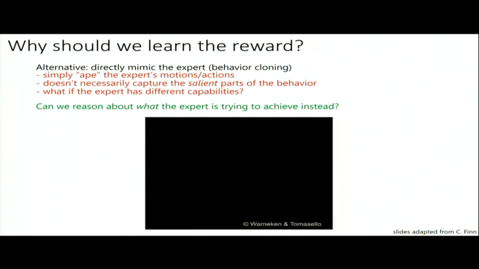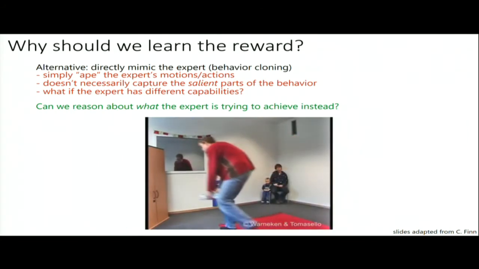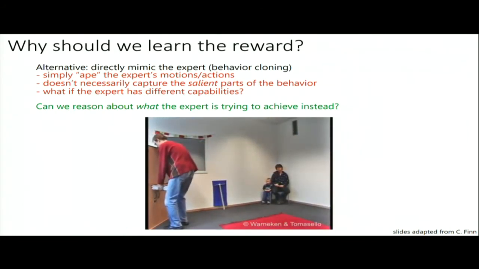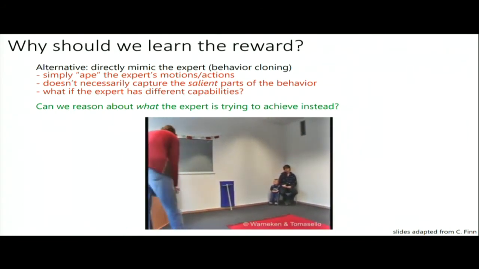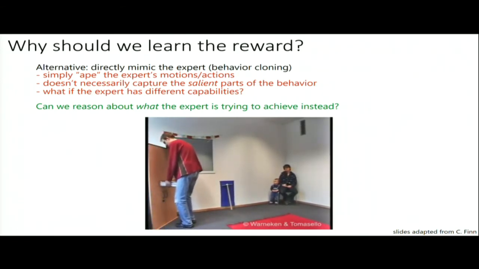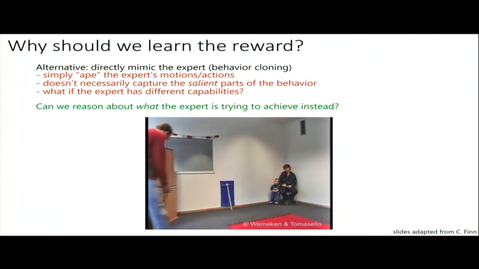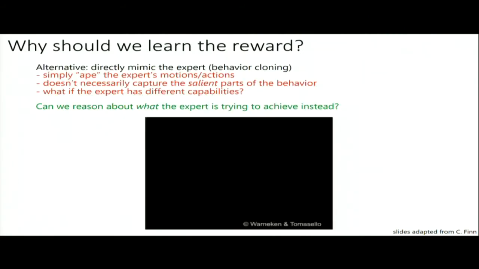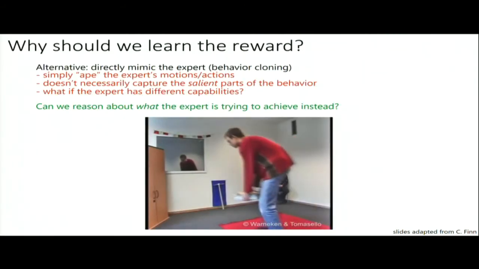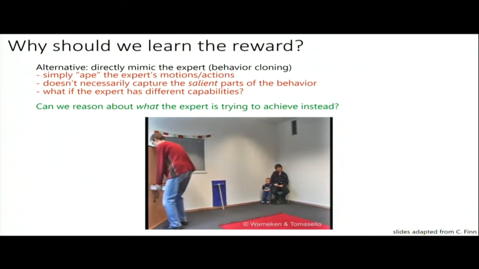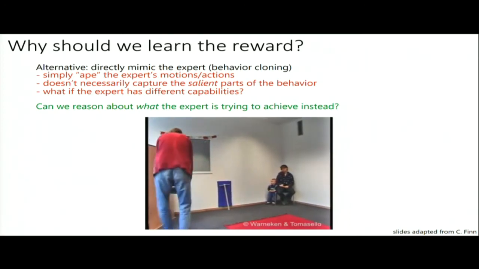So this is a video that I think I showed earlier on in the course, but I want to show it here again. This is an experiment with toddlers, studying their ability to understand a person's intent. The child here is watching the experimenter attempting to do something, and all of you have probably guessed what it is that he's trying to do.